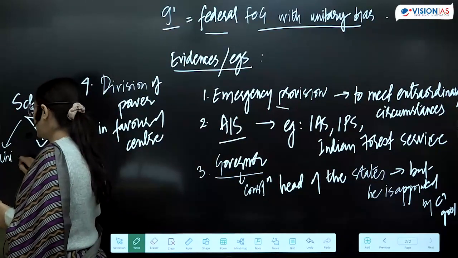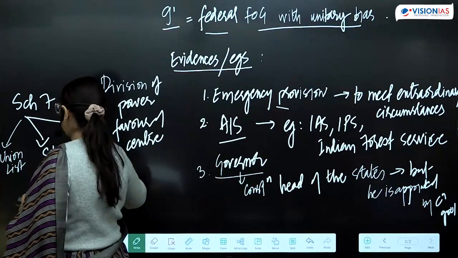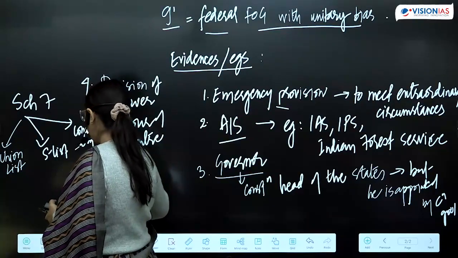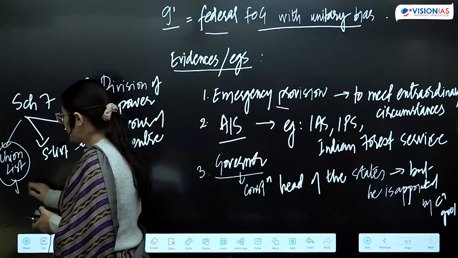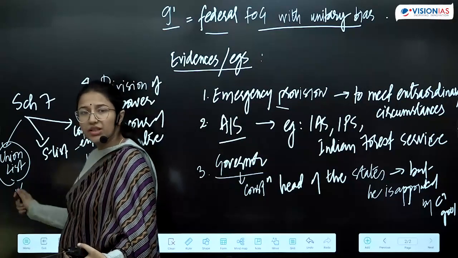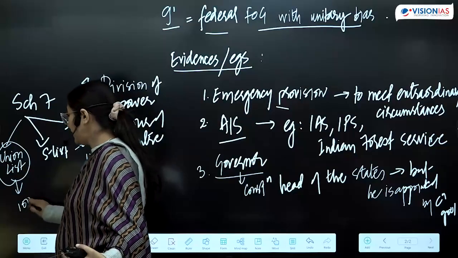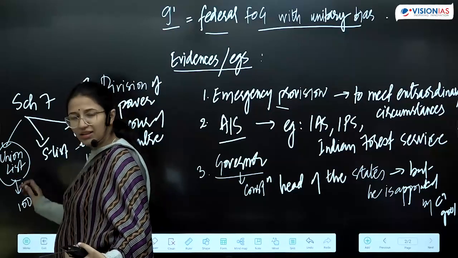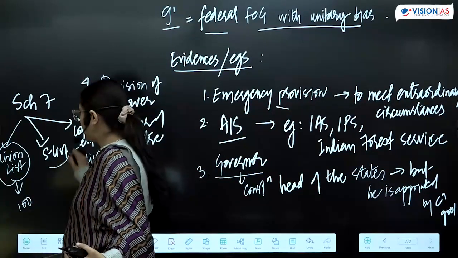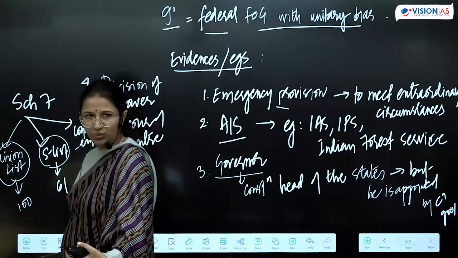One is the union list, the other is the state list, and the concurrent list. As far as the union list, it lists those subjects on which the central government can make laws. And there are 100 subjects in the union list. The numbers have increased, है ना, over a period of time. State list 61. The numbers have decreased over a period of time.